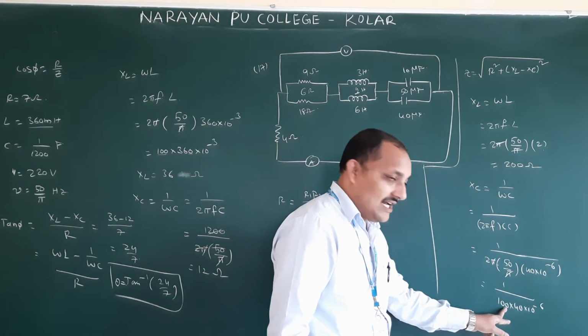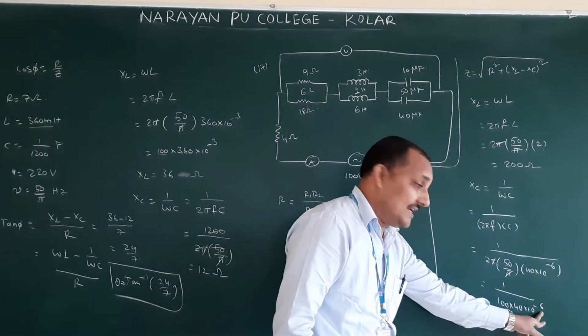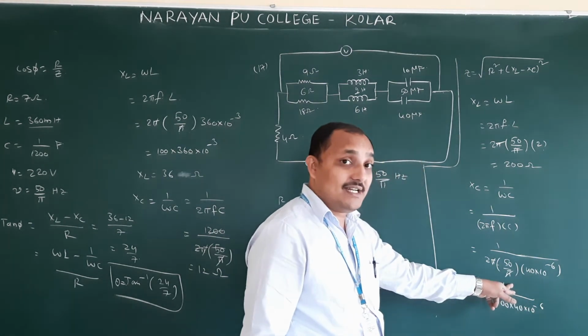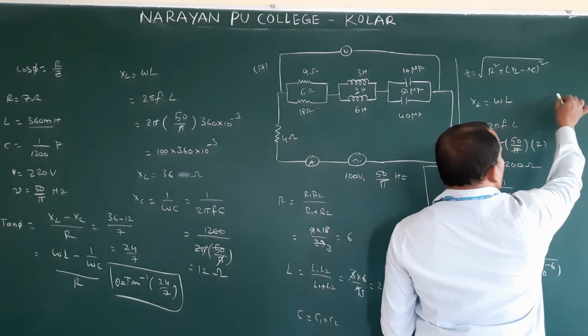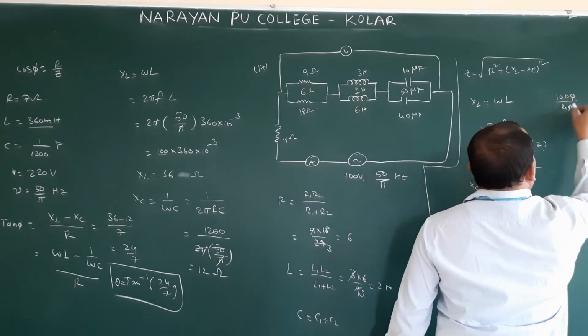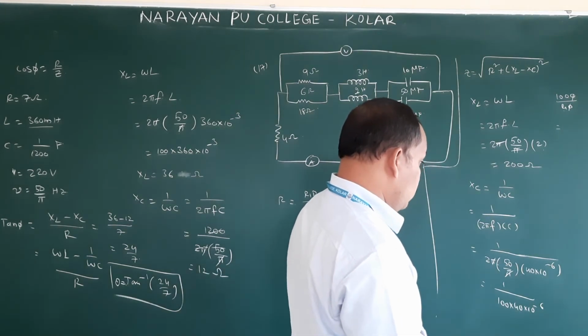Here 10 power minus 3 goes to the numerator, meaning 10 cube. Therefore 1000 by 40.